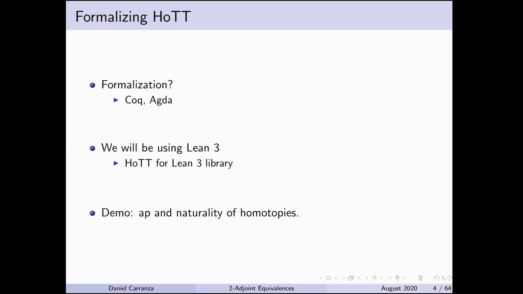So what I want to do right now is demo a bit of Lean 3. I want to show you a bit of how it works by showing some simple theorems in Lean 3. I want to show off the ap function and naturality of homotopies.